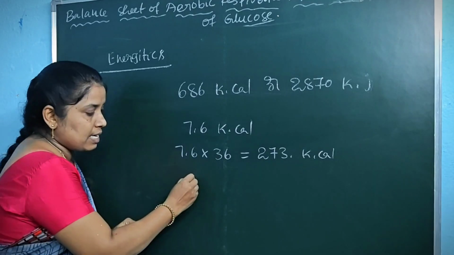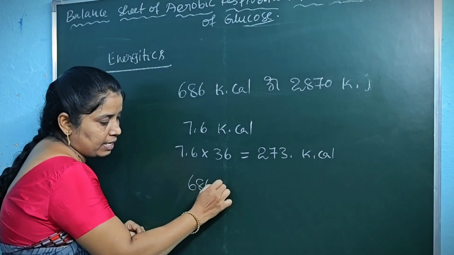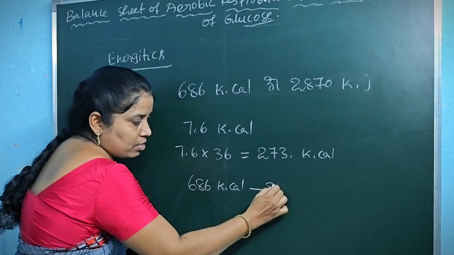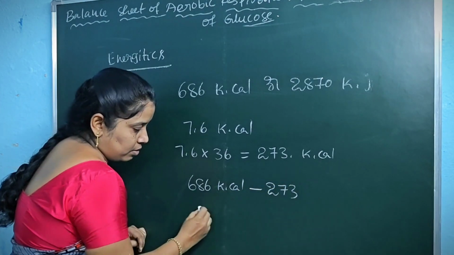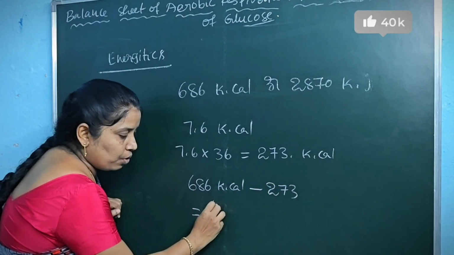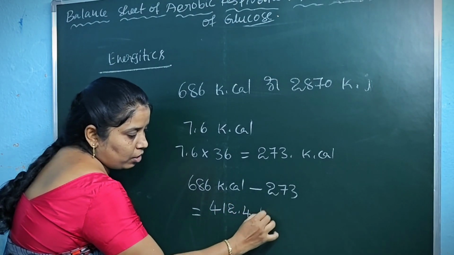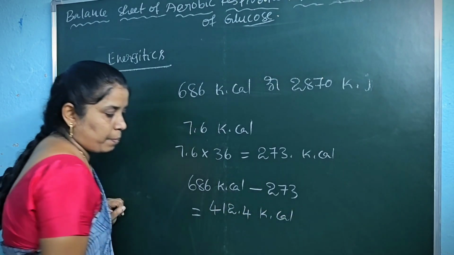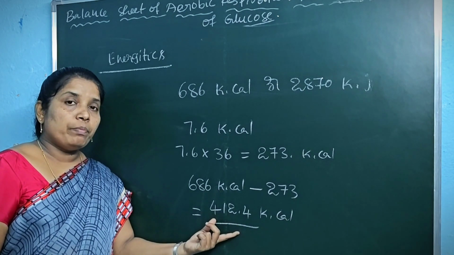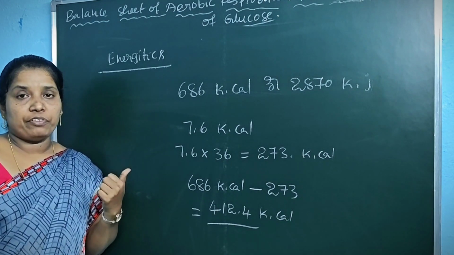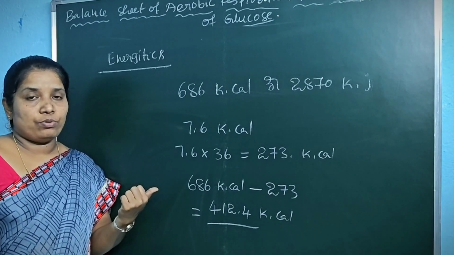The total energy is 686 kilocalories minus 273, that is equal to 412.4 kilocalories of energy. This remaining energy is released in the form of heat. So this is the energetics of aerobic respiration, students.